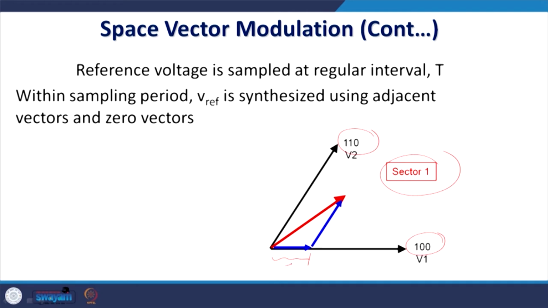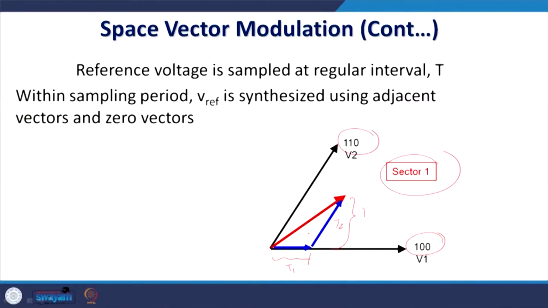Similarly, this will be applied for the time T1 of the total, and similarly this will be applied for the time T2. Our task is computing T1 and T2 rightly, and thus we can generate this reference voltage.